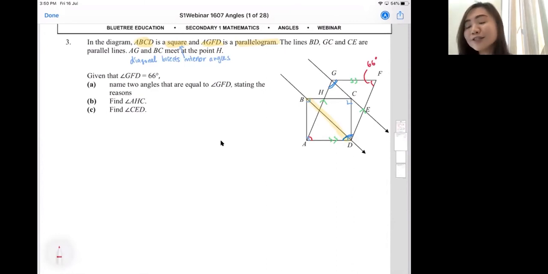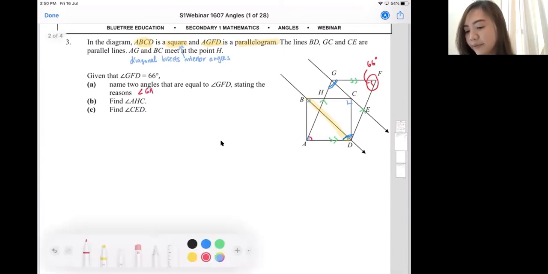So I mentioned just now, in a parallelogram, opposite angles are equal. So this is one angle in the parallelogram AGFD. The other angle that is equal to this 66 degrees has to be the opposite angle, the angle that is directly opposite, which is GAD.